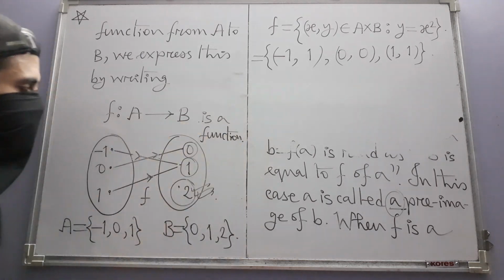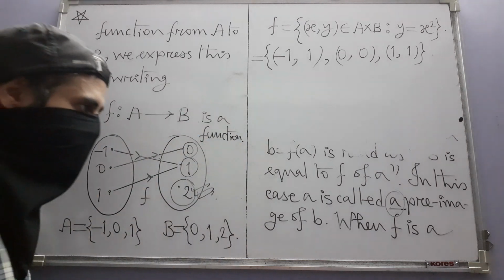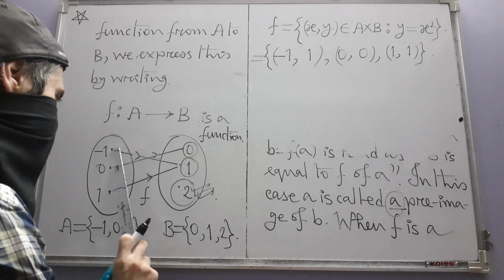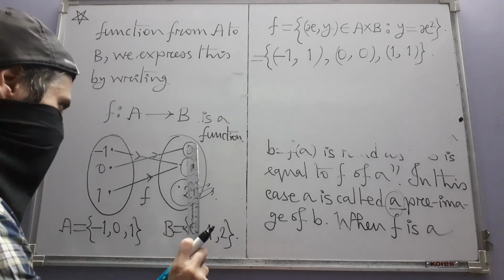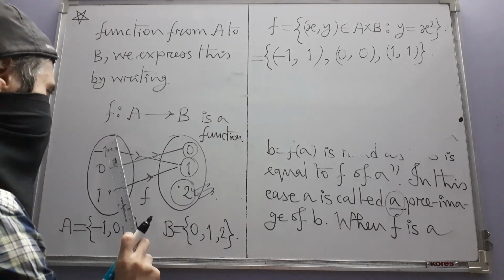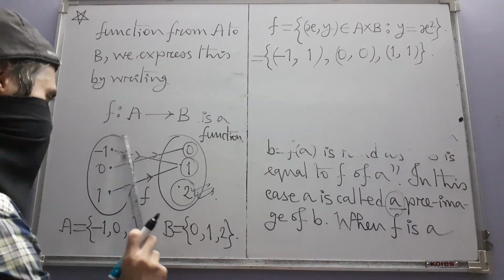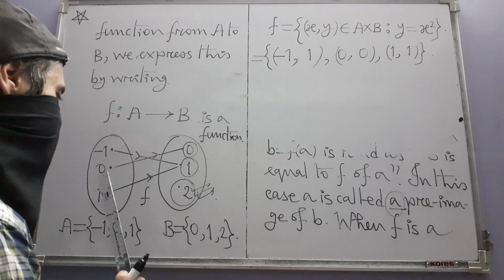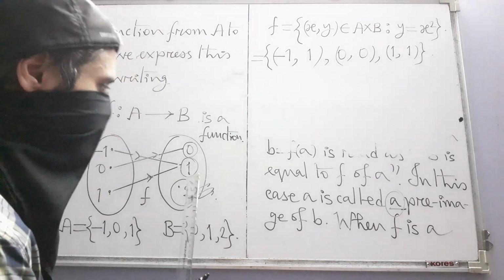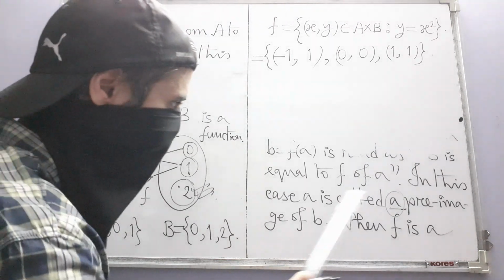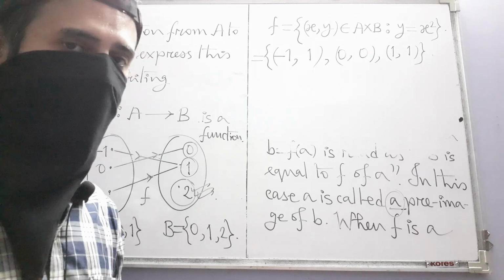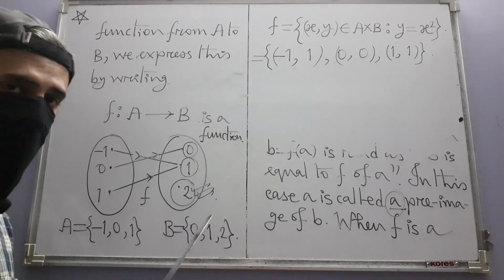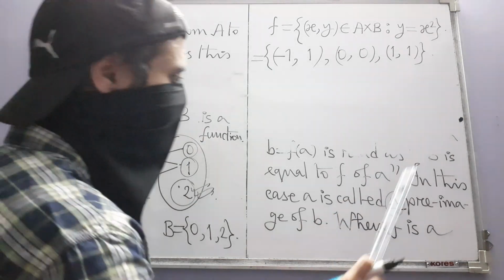So I wanted to show this example just to show that although every element has a unique image, the image of -1 is 1, the image of 0 is 0, the image of 1 is 1, every element need not have a unique pre-image, every element in the second set.